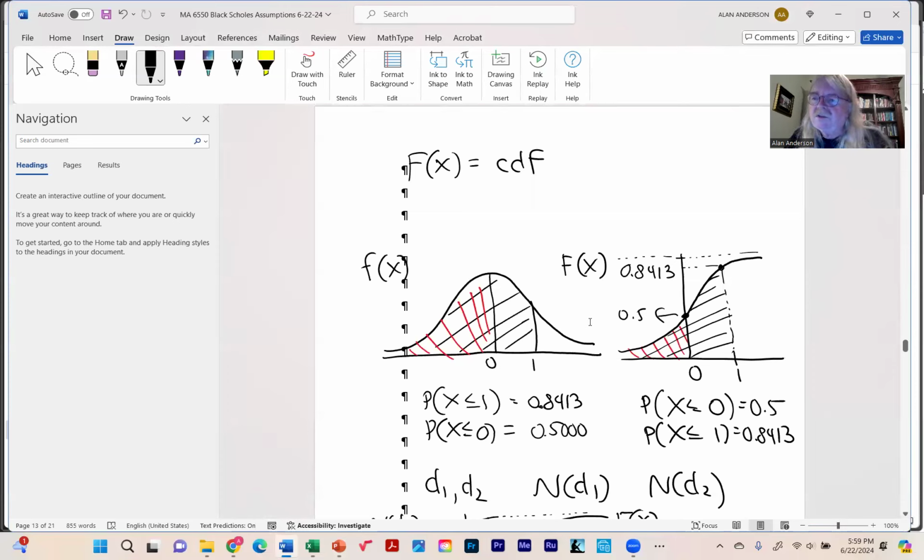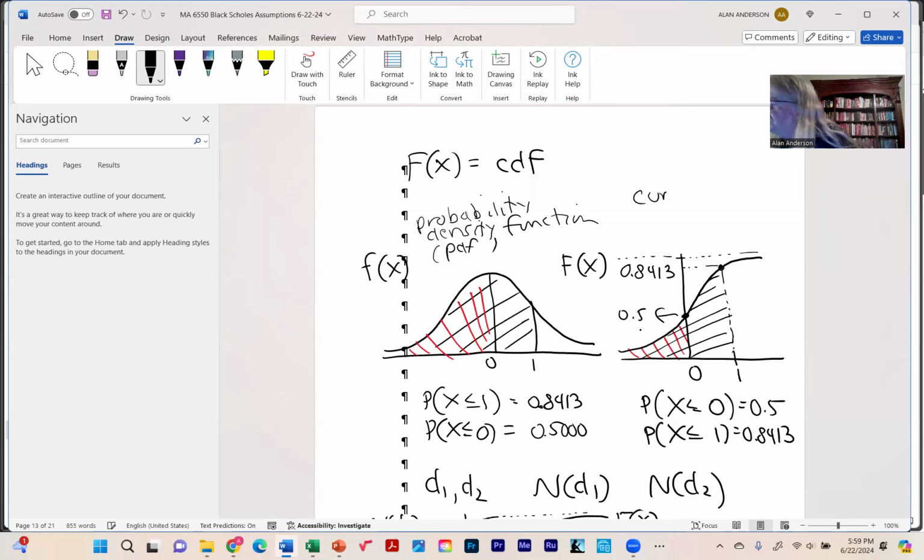For less than or equal to 1, which is the one I just used a second ago, over here is the probability density function, usually abbreviated PDF, of course. Over here is the corresponding cumulative distribution function, or CDF.